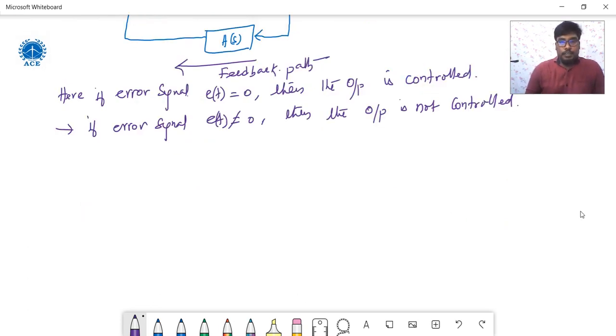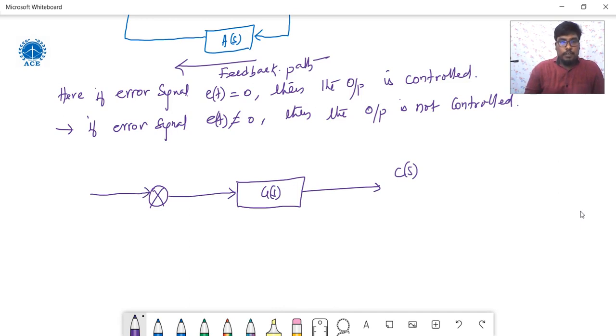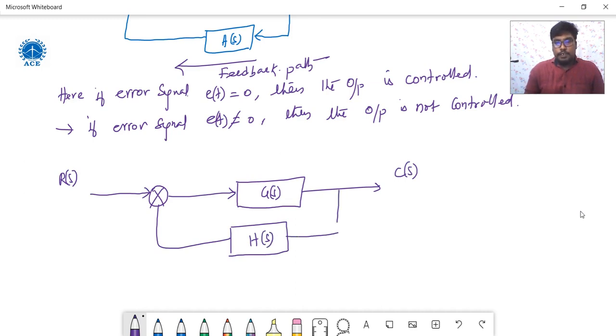So let us see the figure again. This is G of S, output C of S, and the summing point. This is R of S, right? H of S, and this will be the feedback. So negative feedback I am giving here.